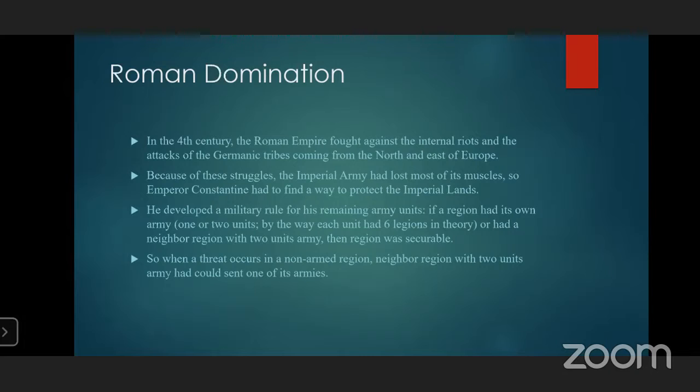The rule is like this: if a region had its own army or had a neighbor region with 2 units of army, then the region was securable. So when a threat occurs in a non-armed region, the neighbor region with 2 units of army had to send one of its armies.